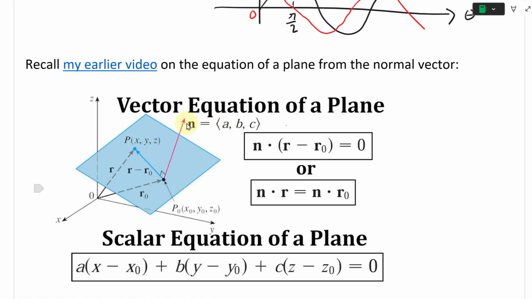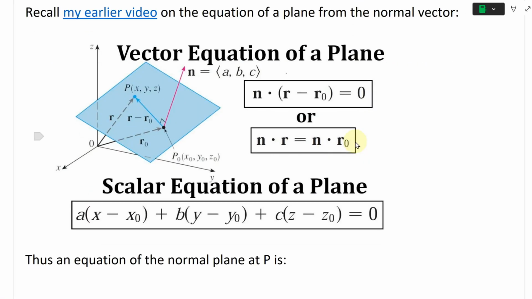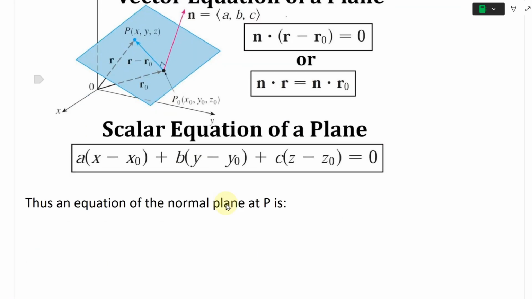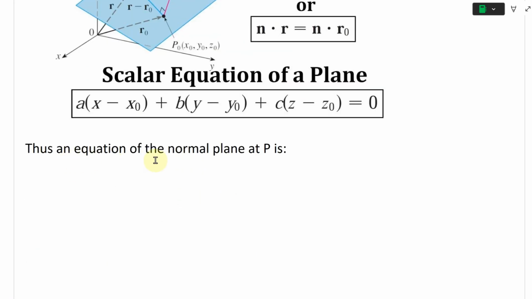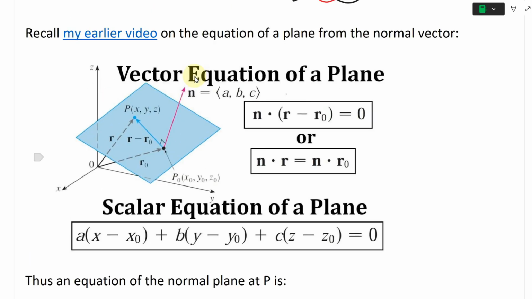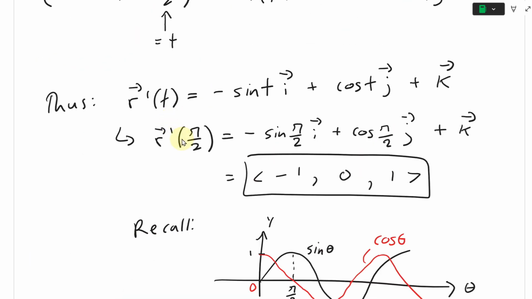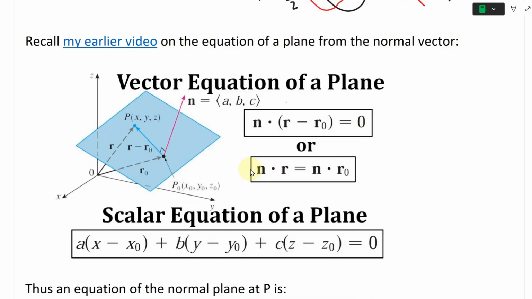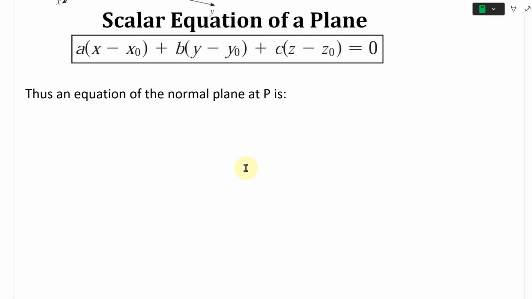And then basically the dot product of n with the difference of this position vector, x, y, z, subtracted by this initial vector, equals 0, and then from there you can get the scalar equation of a plane. So thus an equation of the normal plane at P is, instead of n we have r prime of pi over 2, which is -1, 0, 1, so that's the vector.